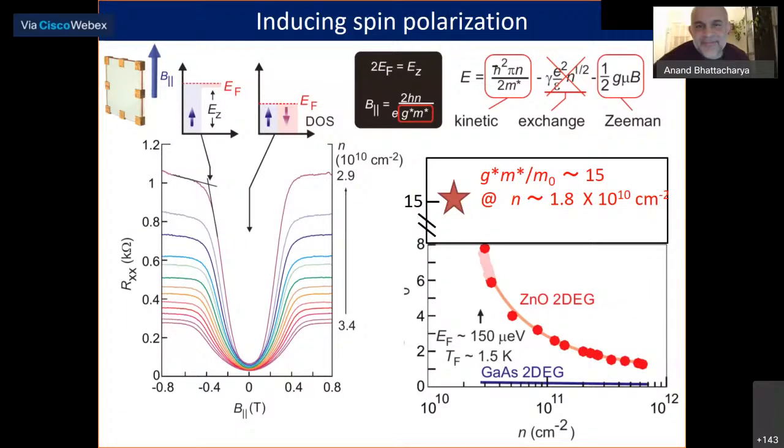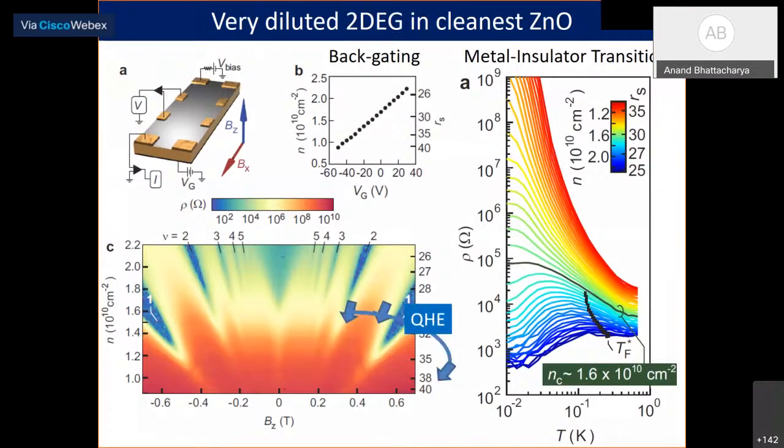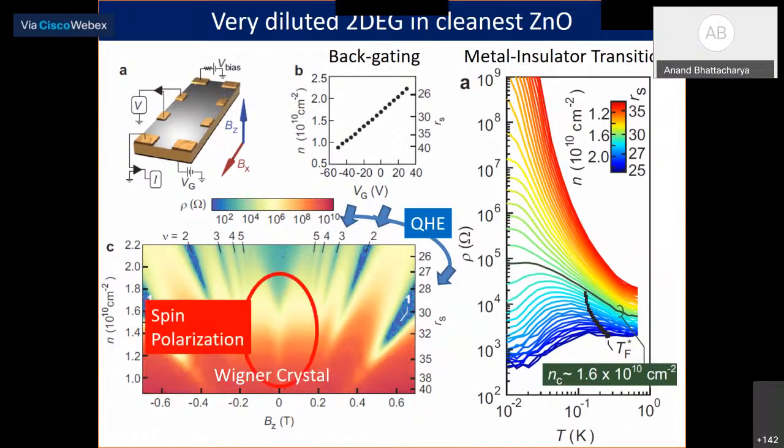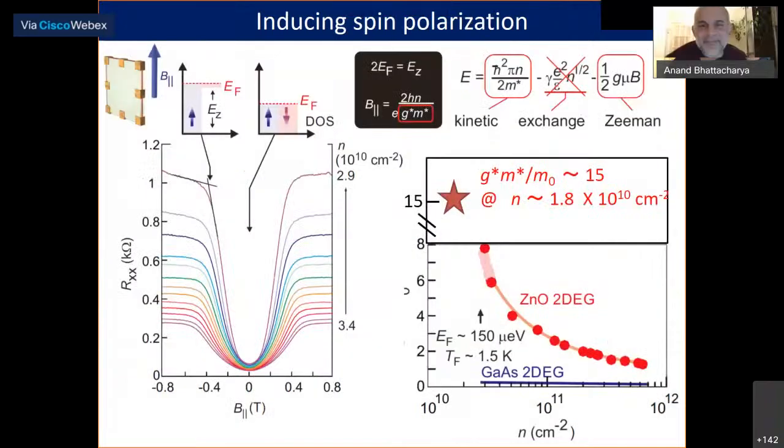So my question is, I'm really curious about this g factor, and you mentioned it, how do you tune it? That was my zeroth question. And actually, the other question that I have is regarding the nonlinear IV you see near the Wigner crystal phase.